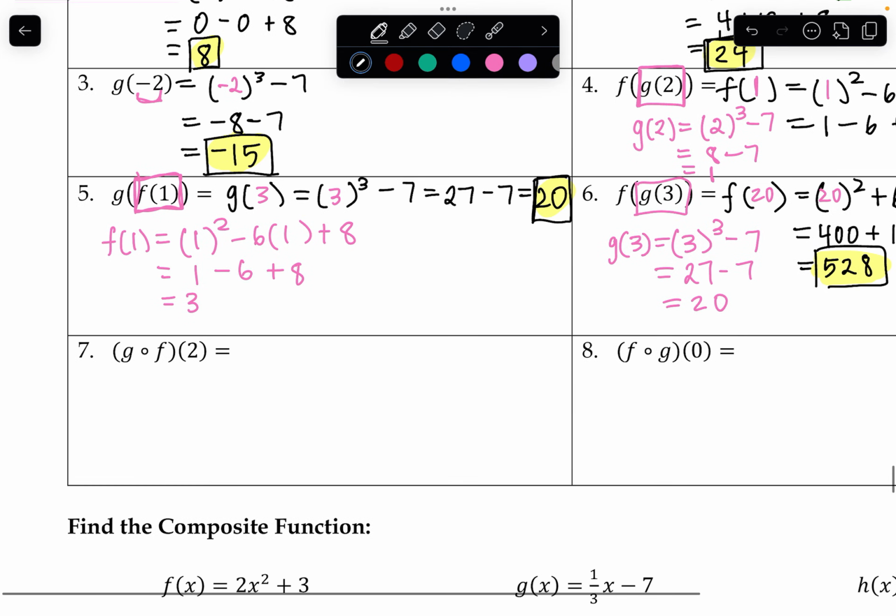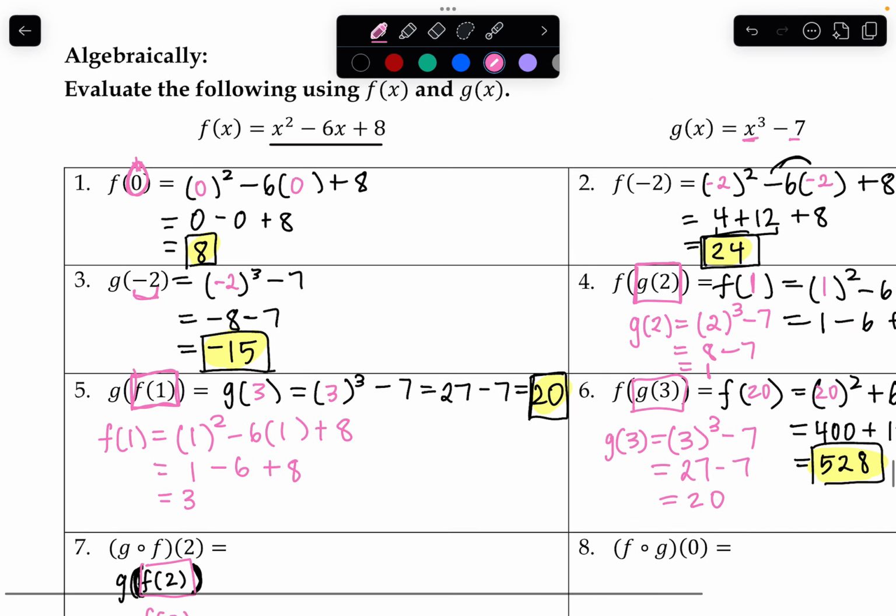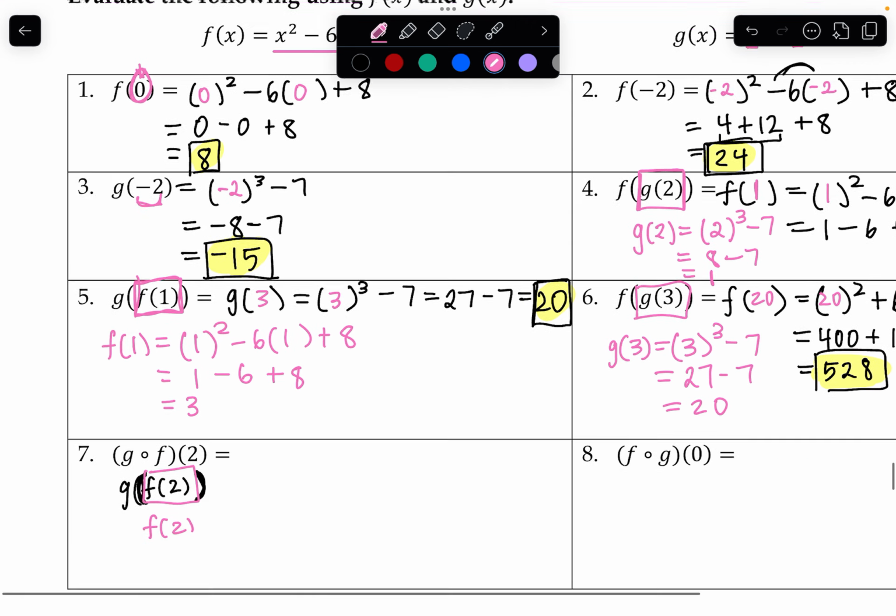Okay, now they're switching up the notation. So if you want, rewrite it using the parentheses that says g composed with f. And so when you rewrite it using the parentheses, keep them in that order. f is still inside being applied to the 2 first. And so we still have to find f of 2 first. And so f of 2, we get the rule for f, which is x squared minus 6x plus 8.